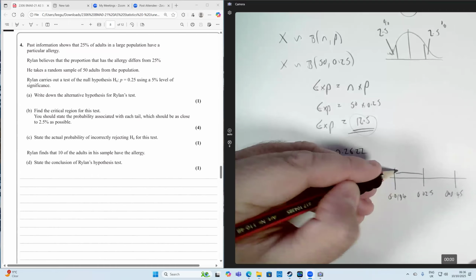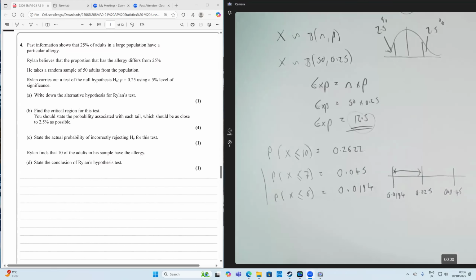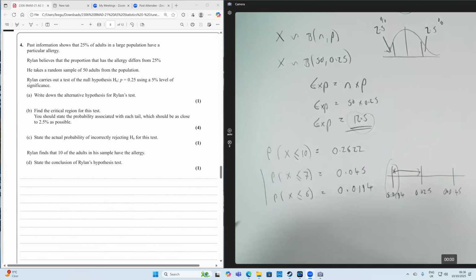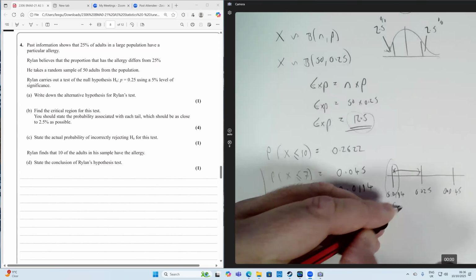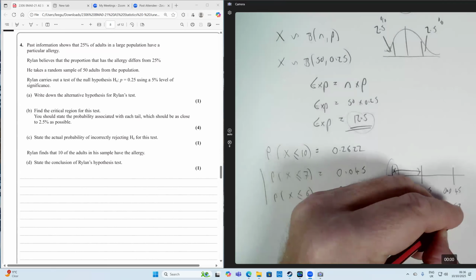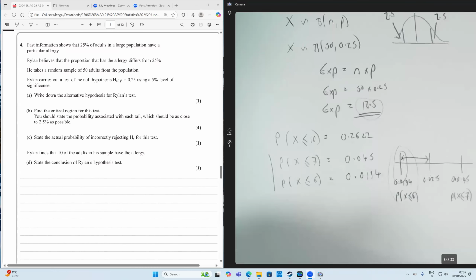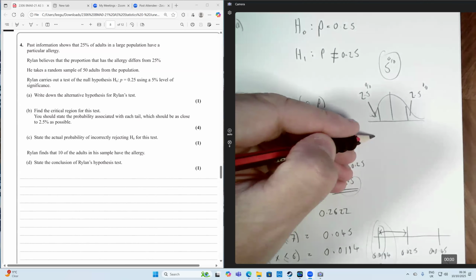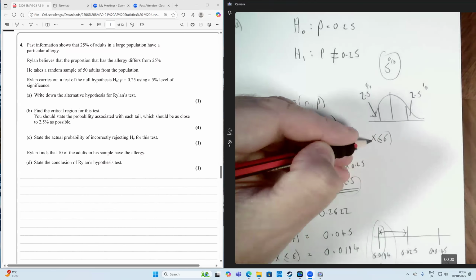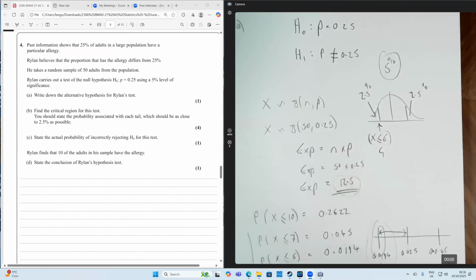Now the gap between this one and 0.025 is the smallest, so in other words, this one is closer than this one. And this, remember, is our probability of X is less than or equal to 6, and this is our probability of X is less than or equal to 7. So we're going to go with that one. On the left-hand tail, the critical region is that X is less than or equal to 6. That's the critical region on the left-hand side of the distribution.